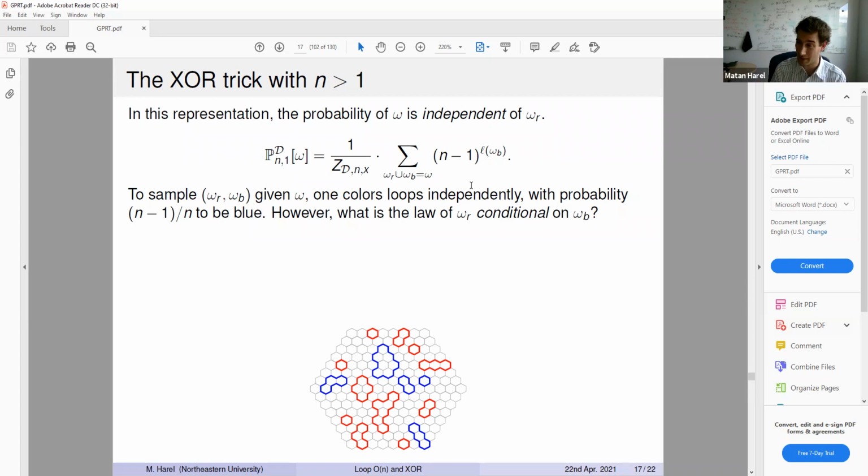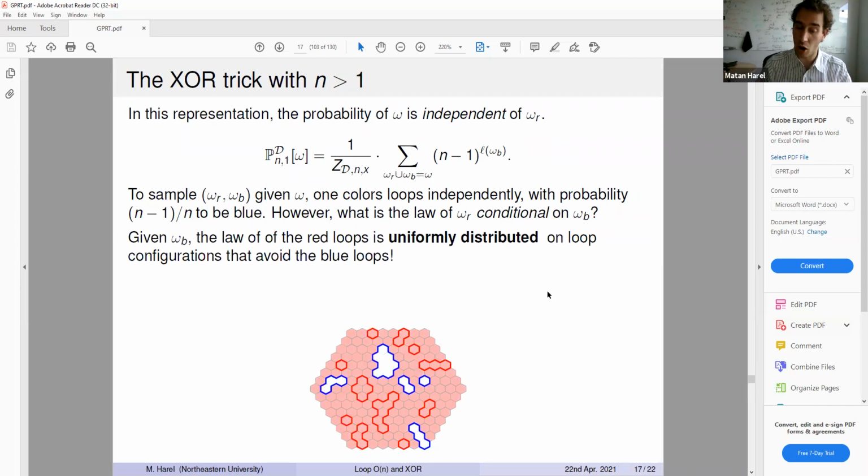If I didn't tell you, however, just looking at this formula and noticing that the WR doesn't appear anywhere, it turns out that the red loops are uniformly distributed among all loops that miss the blue loops. So given the set of blue loops, I can complete to get a true sample of omega by picking uniform loops on the complement and then forgetting the colors. And what I get is my initial loop O(n) measure.